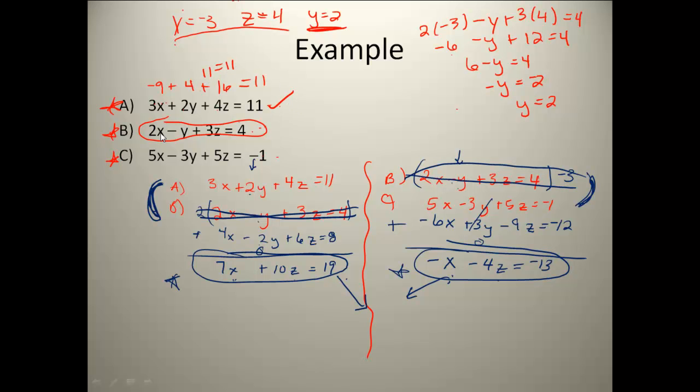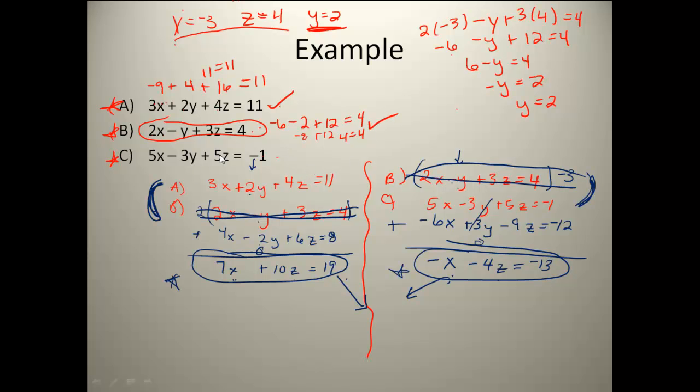Then I come down here and plug it into the second equation. So I would have 2 times negative 3 is negative 6, minus 2, and then plus 3 times 4, so plus 12. That should give me a 4. Well, negative 6 plus negative 2 is negative 8. Negative 8 plus 12 is indeed 4, so I get 4 is equal to 4. So it works in my second equation.